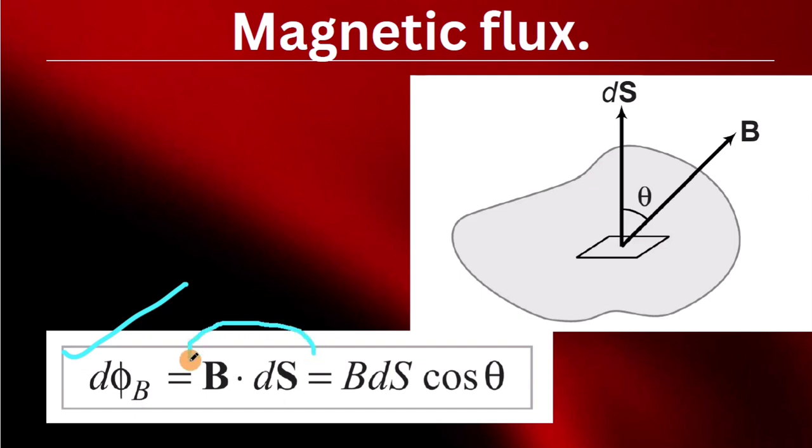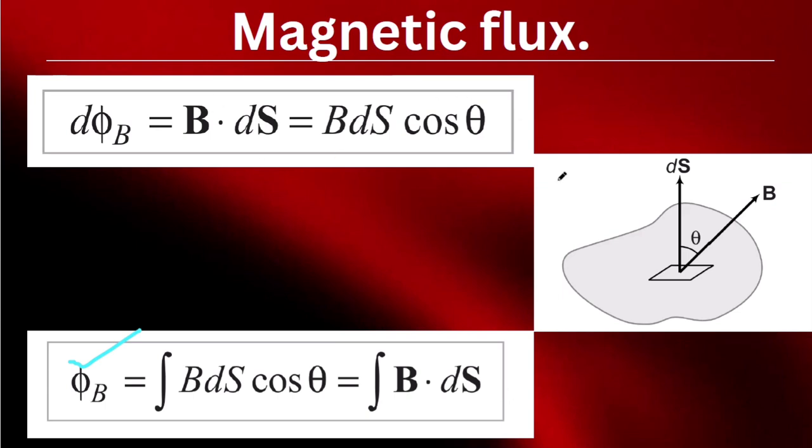This dot product implies the projection of b along ds. And there is an angle theta between the surface area vector and the magnetic field. So we write the elementary magnetic flux d phi b equals b ds cos theta.